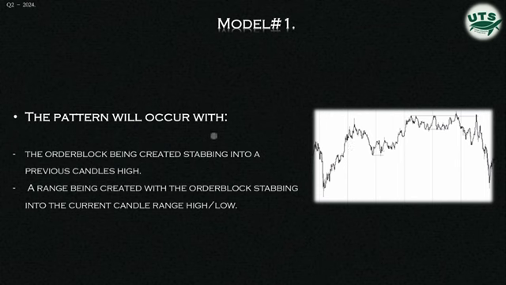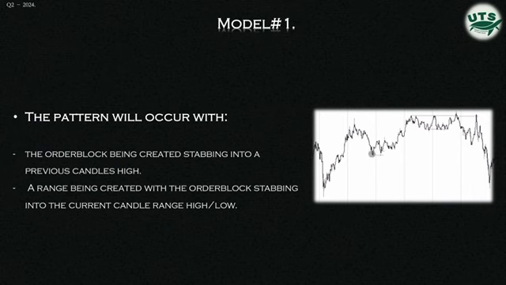The pattern, model number 1, will occur with the order block being created, stabbing into a previous candle's high, or a range being created with the order block stabbing into the current candle's range, high or low. First case, the order block being created, stabbing into a previous candle's high, such as here, or low.